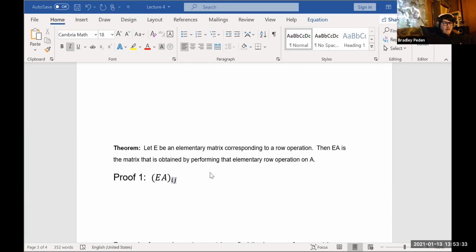You dot E with A. Right, we're going to take the ith row of E with the jth column of A.